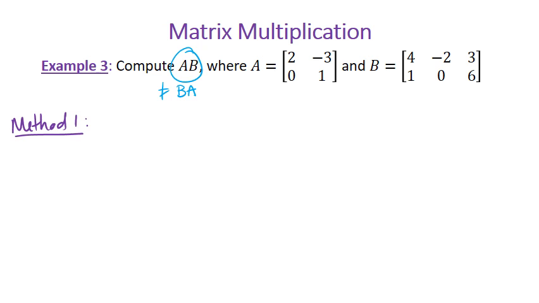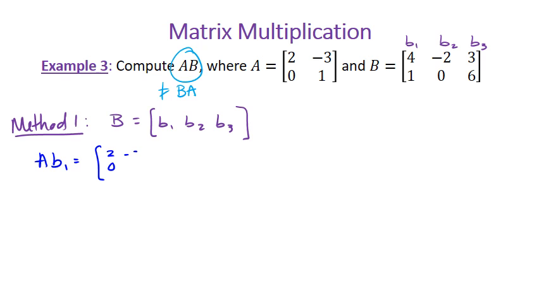So what I'll do is I'll define B to be B1, B2, B3, where this represents B1, this represents B2, and this represents B3. So those columns. So what I'll do is I'll find AB1, which is taking matrix A times matrix B1, so just that column. This results in the matrix 5, 1.